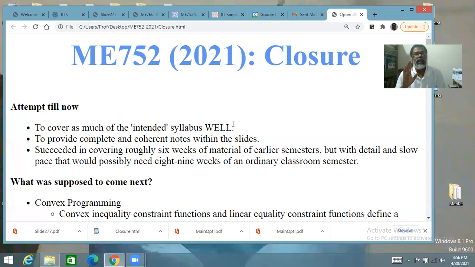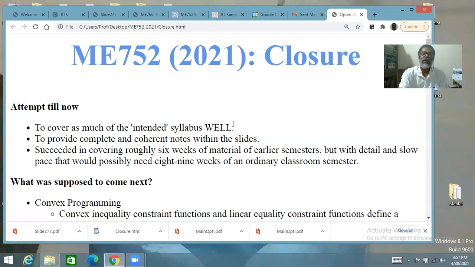However, this time because I was making fresh, comprehensive, detailed notes, quite a few topics have gone in a little more detail to make clear sense to you. And if that much detail is taken in an actual classroom like earlier years, it would take something like 8 or 9 weeks. That is my estimate.